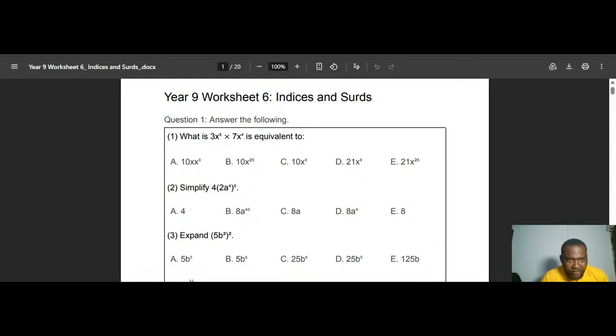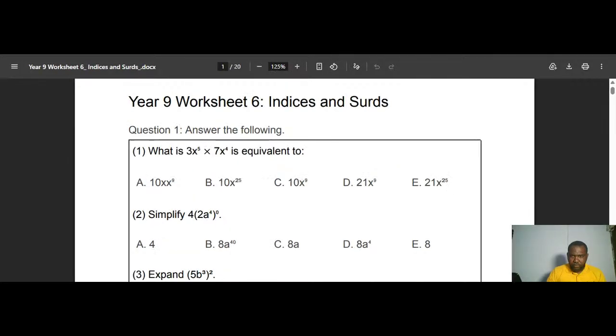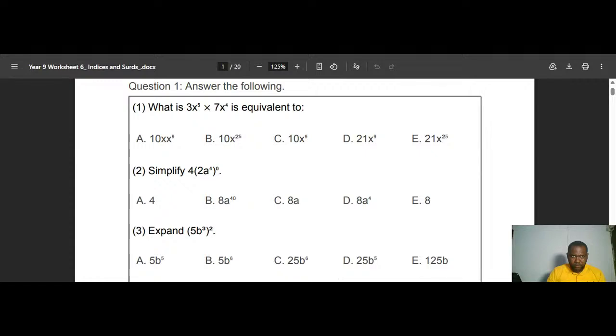I'll be here, seeing them. Keep your answers coming.